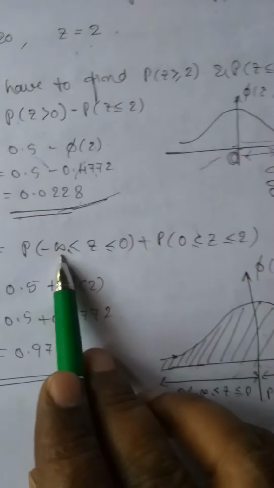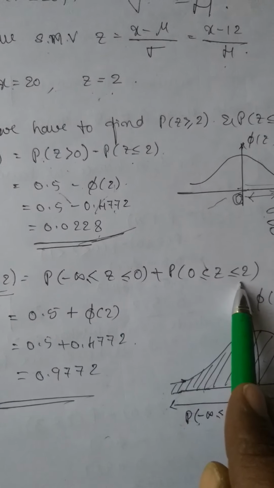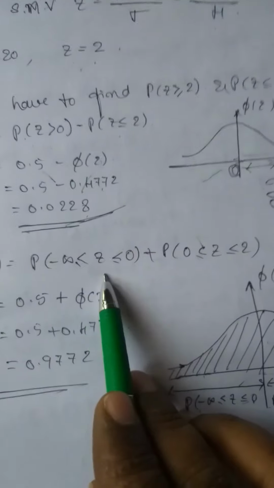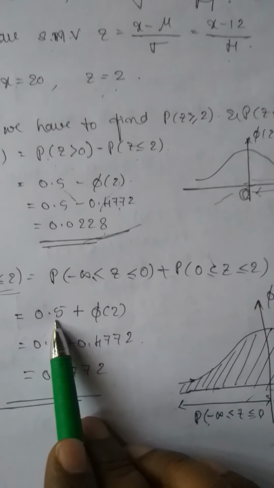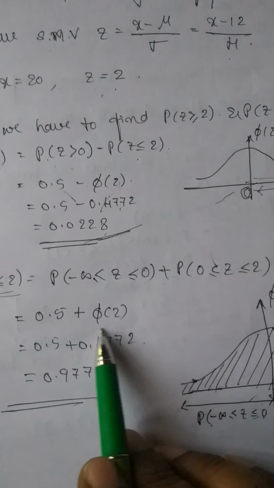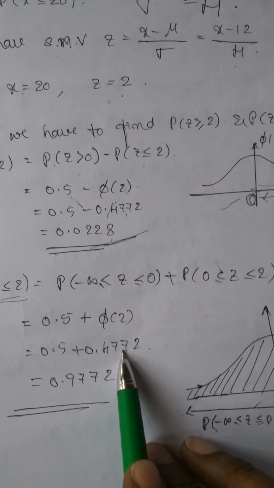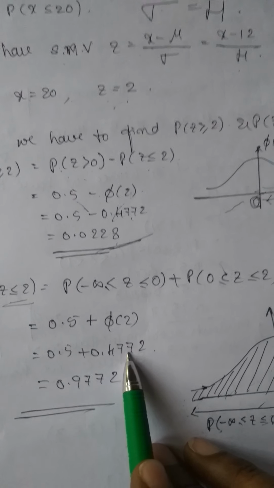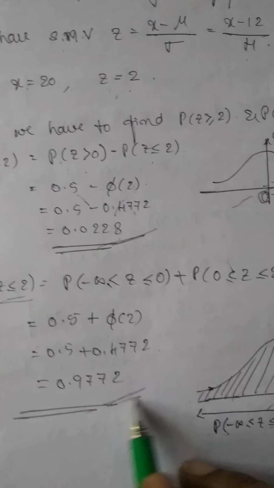That's what we have taken here: minus infinity to 0 plus 0 to 2. Now minus infinity to 0 means the entire left side, and obviously that is 0.5, plus z less than z1, which I can write as phi of 2. Now I can get phi of 2 by using the normal distribution table or calculator as we have already discussed. So I can simplify, and I'm going to get this.